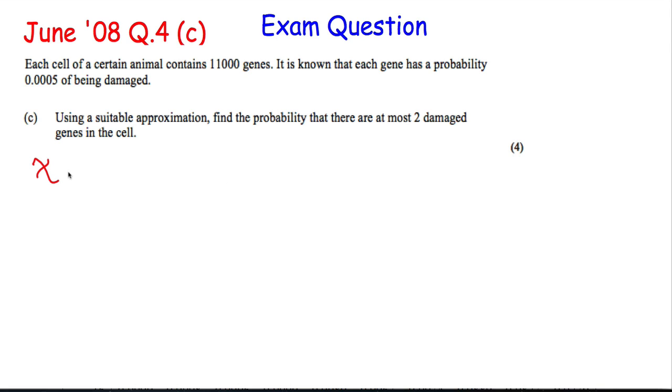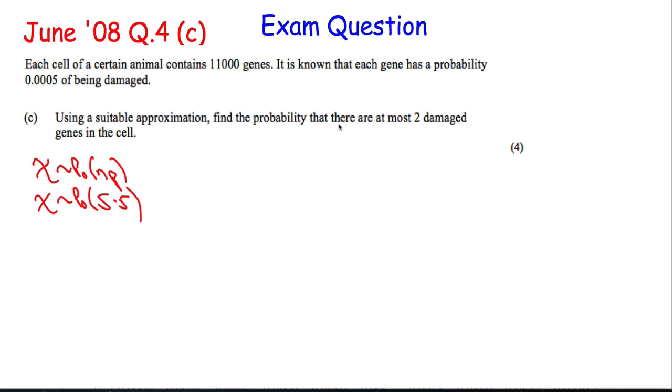So we're saying x is going to have a Poisson distribution with parameter np. np was actually calculated in a previous example, in the first video. It gives us 5.5. So x has a Poisson distribution with parameter 5.5.